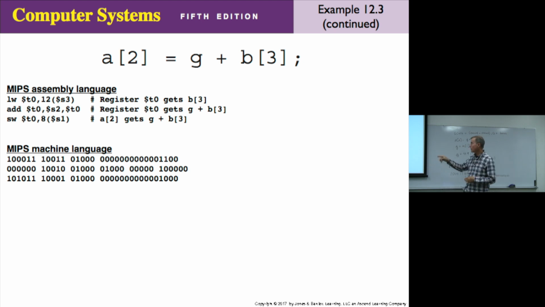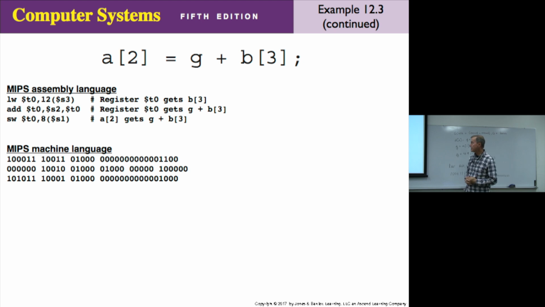Because it's getting B sub 3. Now why is it 12? Because it's 3 times 4. That's the word offset. So when there's a constant there, the compiler knows that it's 4 bytes per cell, and so it generates the 12 as a constant offset.